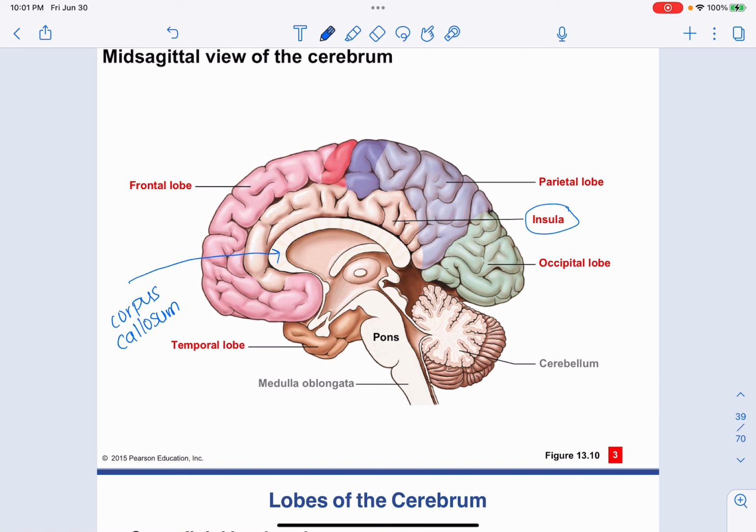This is a very prominent structure that you'll see when you do the dissection. This is entirely white matter. This is another area of decussation between the hemispheres. There are myelinated axons crossing over between the right and left hemispheres, so you can coordinate the sides of the brain with the body.